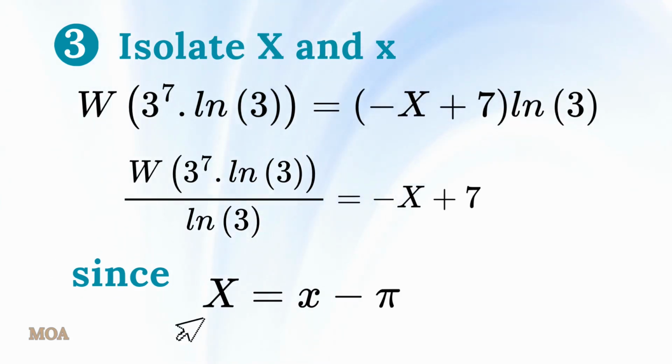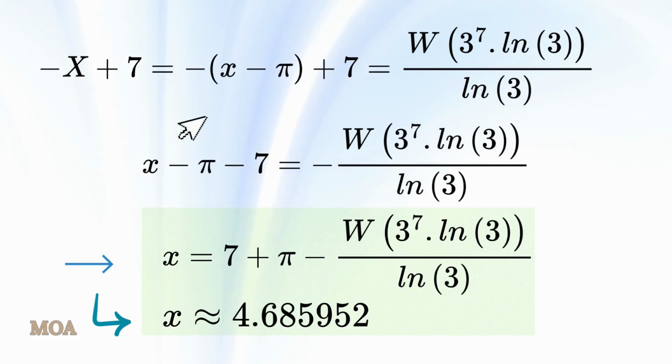Recalling our earlier substitution, where capital X equals lowercase x minus pi, we rewrite negative capital X plus 7 as negative the quantity lowercase x minus pi plus 7, which equals the Lambert-W function of 3 raised to the power of 7 times the natural logarithm of 3, all divided by the natural logarithm of 3.